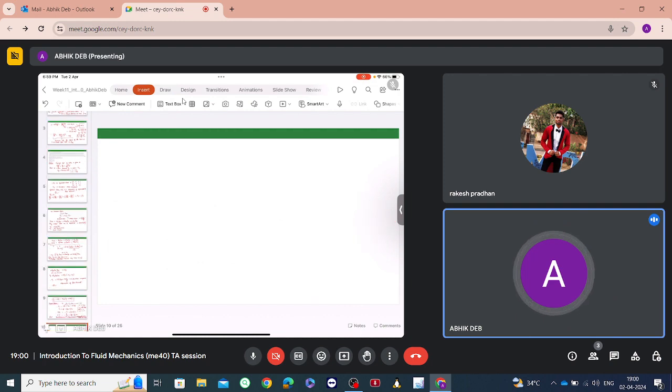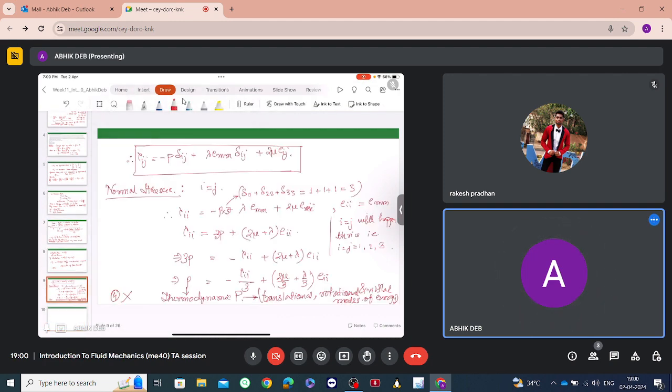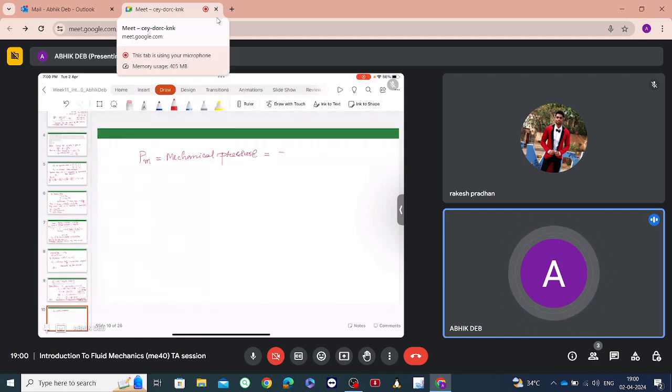Now coming to the mechanical pressure part, what will be the mechanical pressure? Pm, the mechanical pressure, is equal to minus tau II by 3, or if we expand this, it will be minus tau 1 plus tau 2 plus tau 3 by 3.